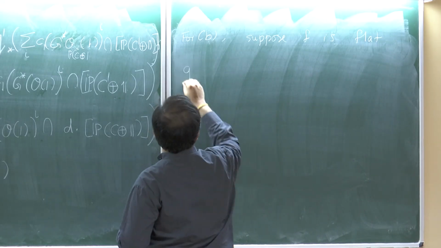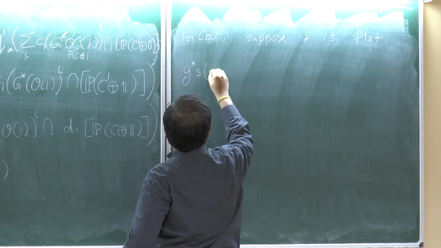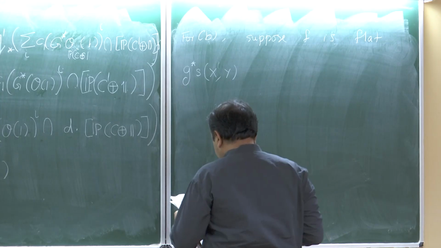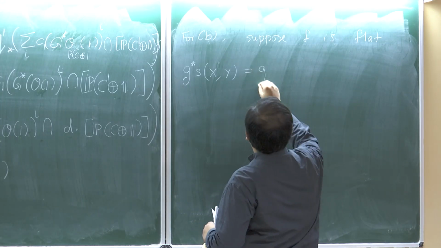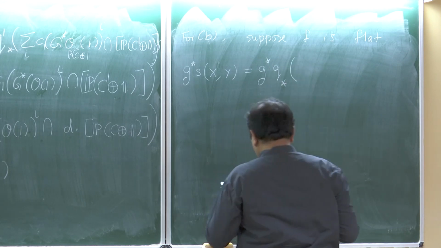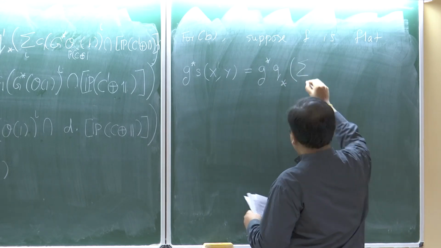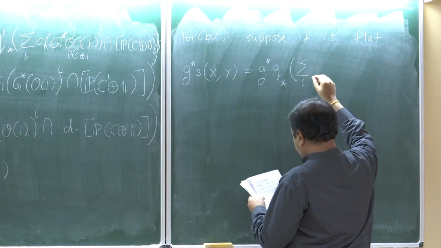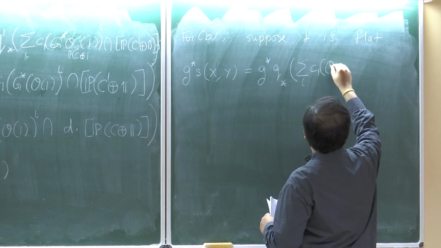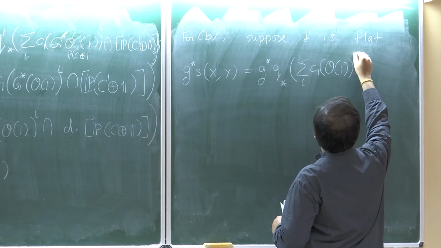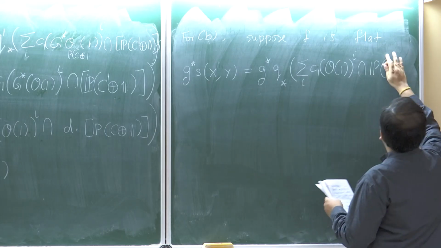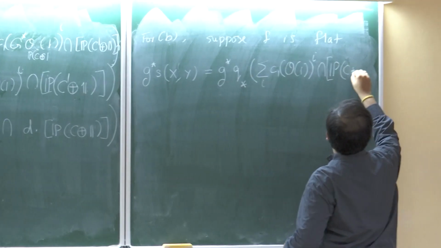This is g upper star of S of X, X comma Y. This is equal to g upper star of q lower star of the summation over i of c1 of O(1) to the i, cap P of the class of P of C plus 1.